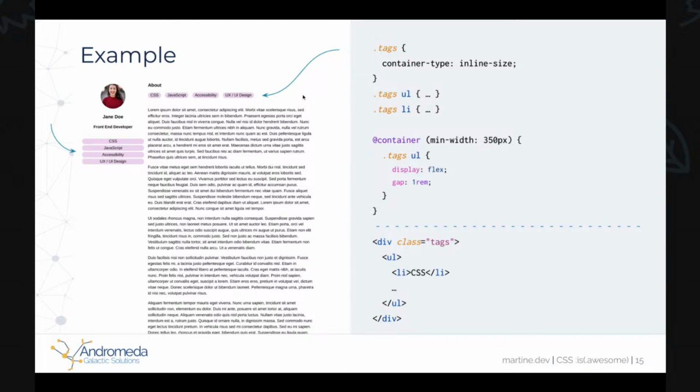I can go ahead and set my container, and give it a type, because I have to define how it's going to resize. And then I can say at container min-width, yada, yada, yada. And that allows me to conditionally write my normal tag code versus, hey, if my container is smaller than 350 pixels, go ahead and apply these styles instead.